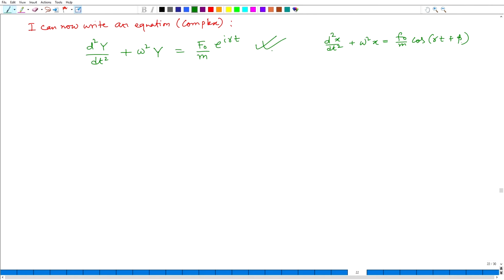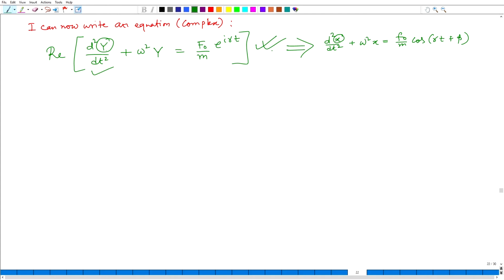So, if I take the real part of this, that should give me this, then I can start from this equation and solve for y and finally take the real value of y to find the trustworthy solution for x. Okay, that I can do.